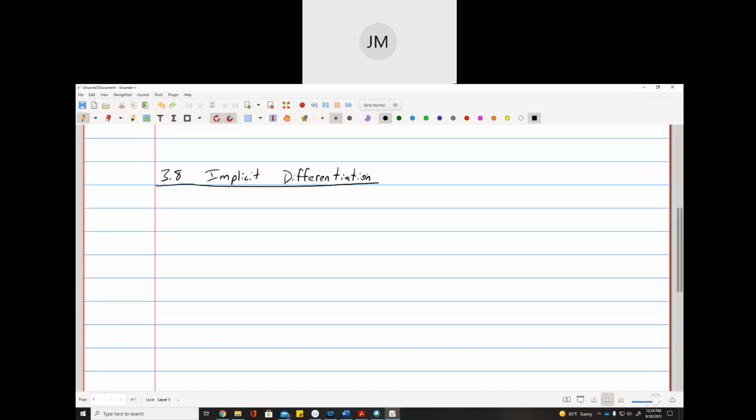When I start this section, we're not going to start by differentiating. We're going to start with this other side and figure out what this implicit part means. Then we'll get into what an implicit function is, and then we'll take derivatives of it.